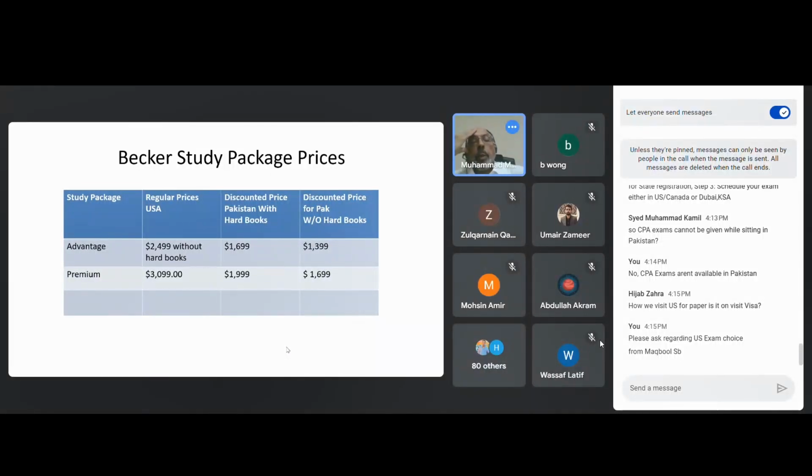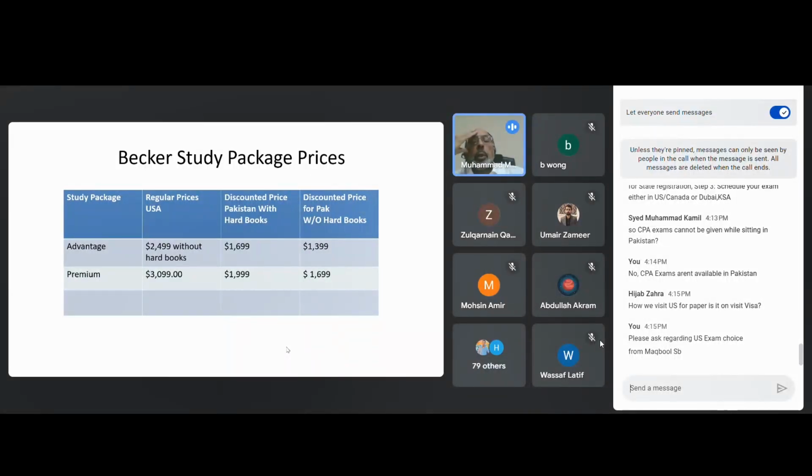The package doesn't have the books, but if someone wants a hard book, and very few students, those used to conventional study, like to have hard books, then a hard book at $75 per subject can be made available to them as a concession. Otherwise the Advantage package doesn't have hard book availability.